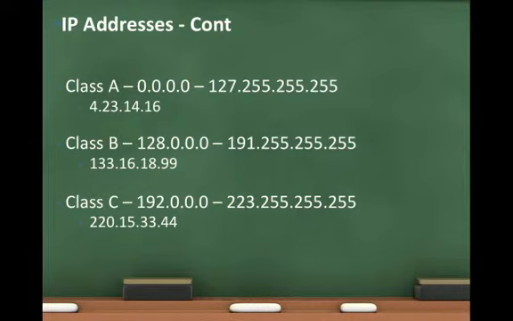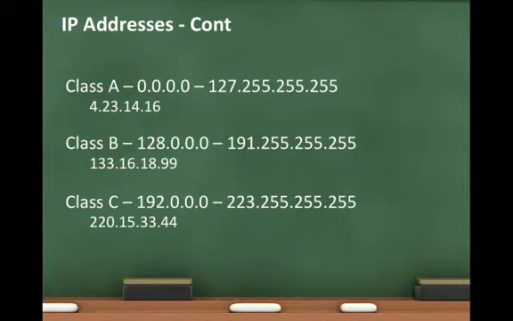And then finally we have Class C networks. Class C networks, it's exactly the same as Class A and B, except the first octet, the range is between 192 and 223. So a very common address that you'll see, 192.168.1.15 or 35 or what have you, or you may see 192.168.0. whatever.